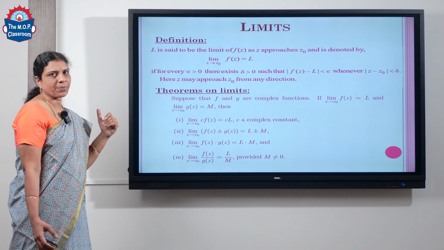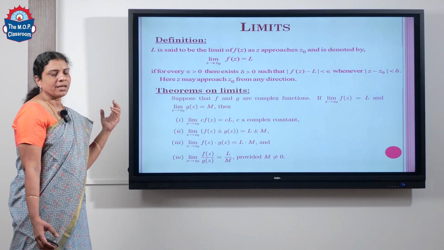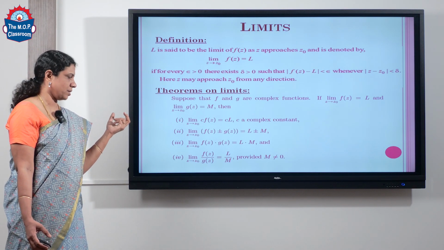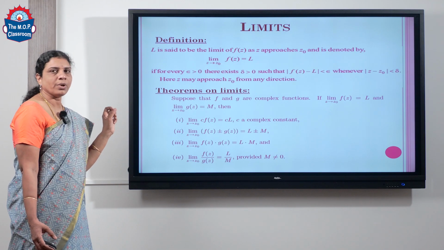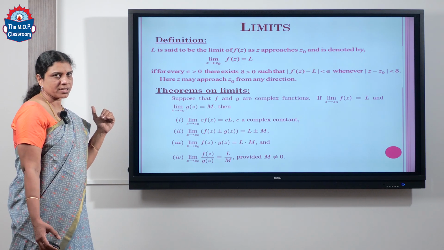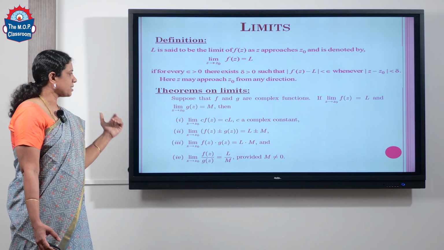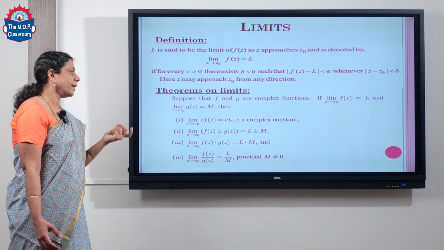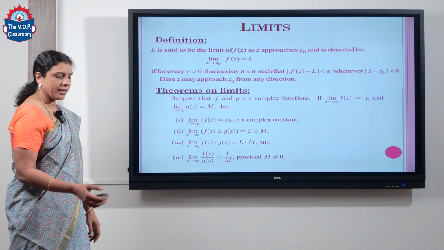Next, addition and subtraction of limits: the limit of f of z plus or minus g of z is L plus or minus m. Next, the product of the functions: the limit as z tends to z naught of f of z into g of z is equal to L into m. Similarly, you can prove the quotient L by m.